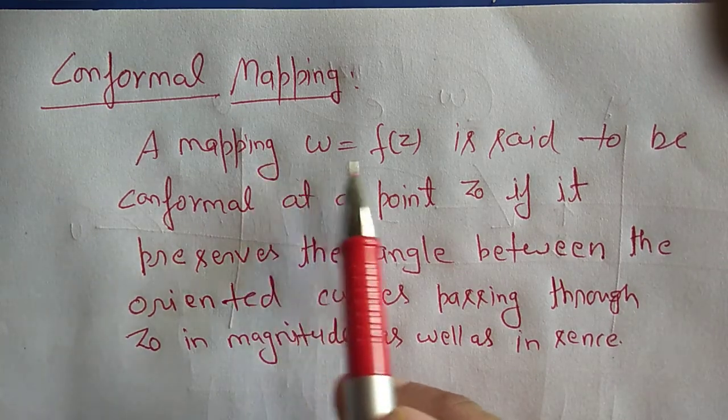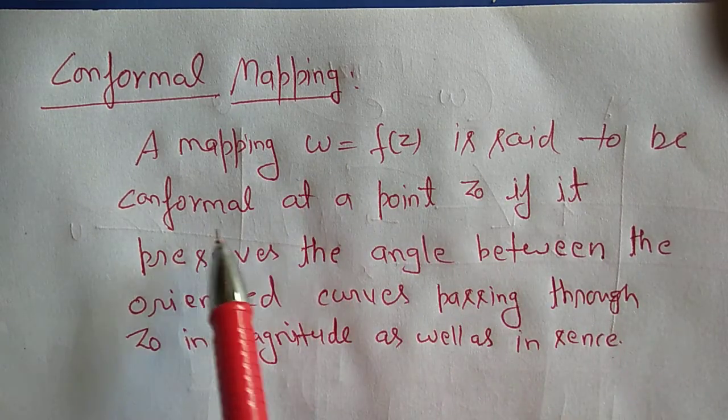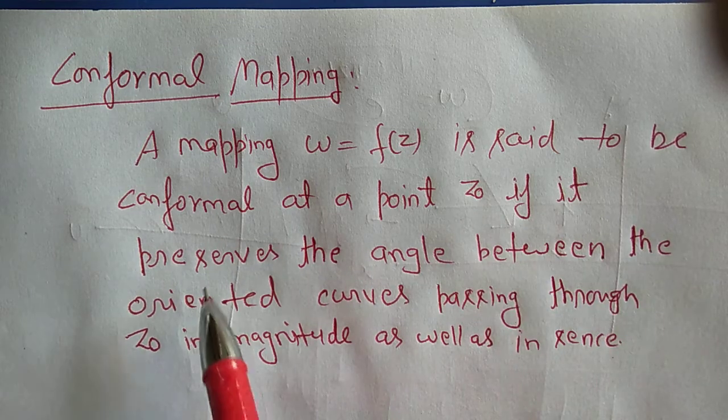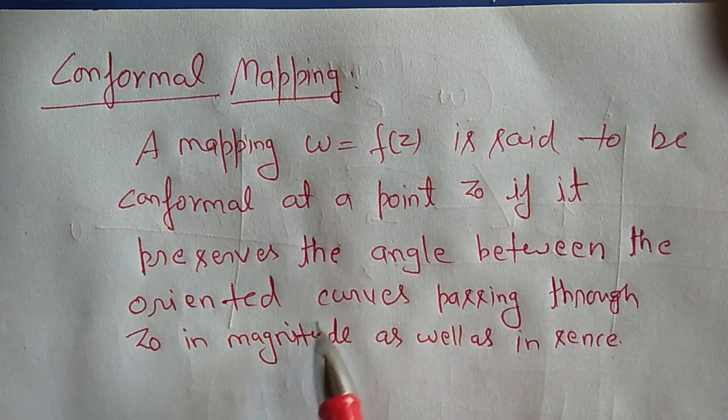A mapping w equal to f of z is said to be conformal at a point z0 if it preserves the angle between oriented curves passing through z0 in magnitude as well as in the sense.